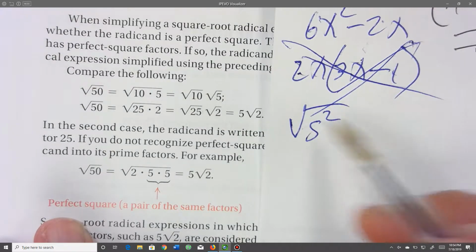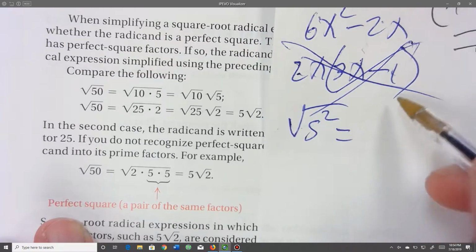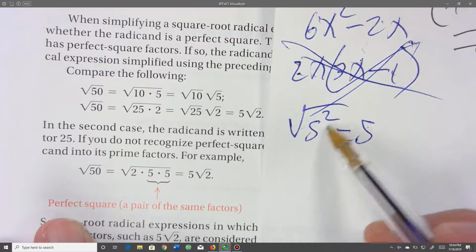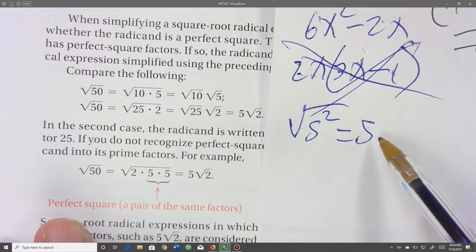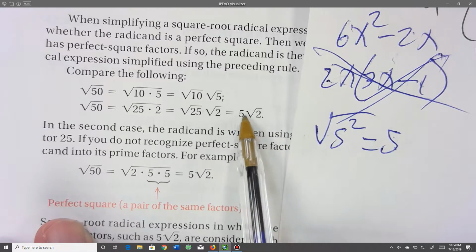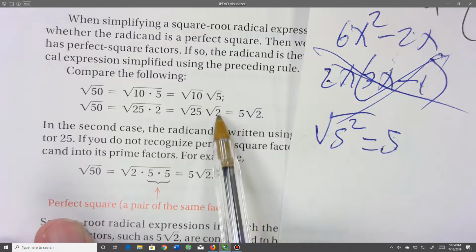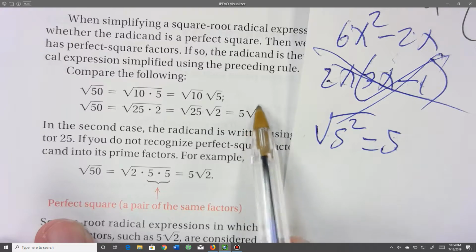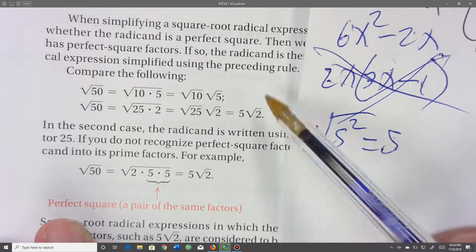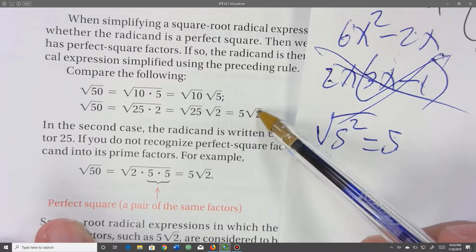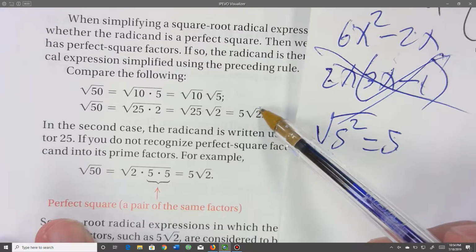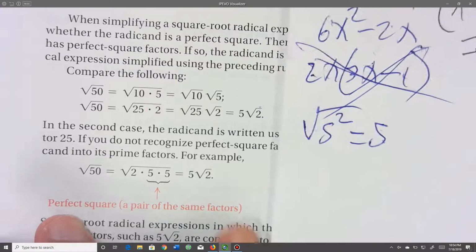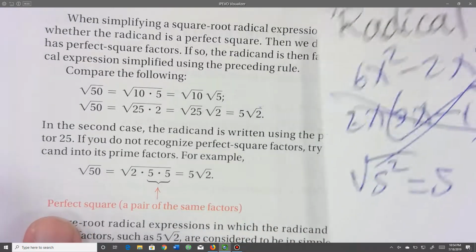And that's why you're able to move it outside the radical sign as 5. The square root of 5 squared is 5. So that's this 5 here. This you cannot simplify any further, so just rewrite it, the square root of 2 times, and this is multiplication between the 5 and the radical sign. That's multiplication always.